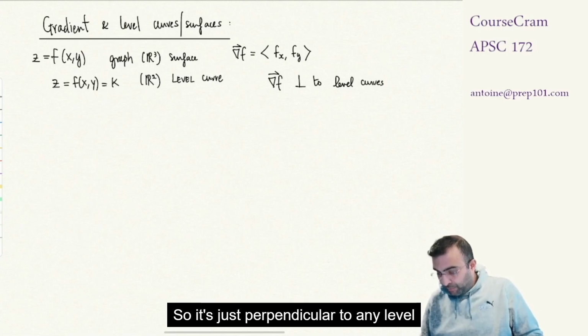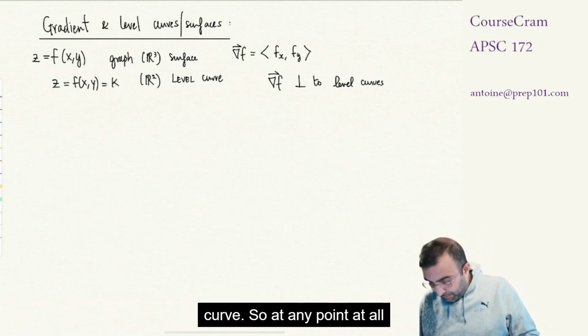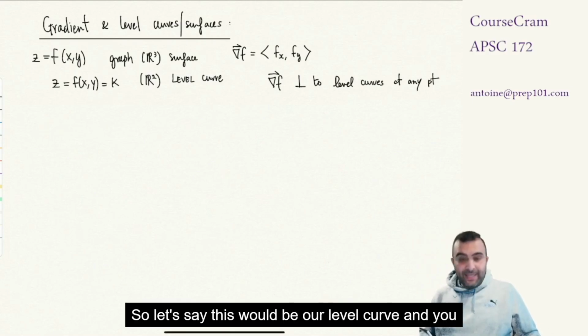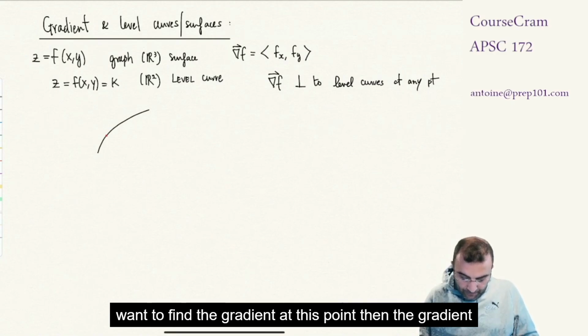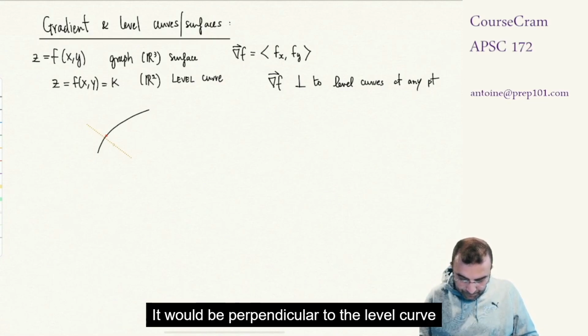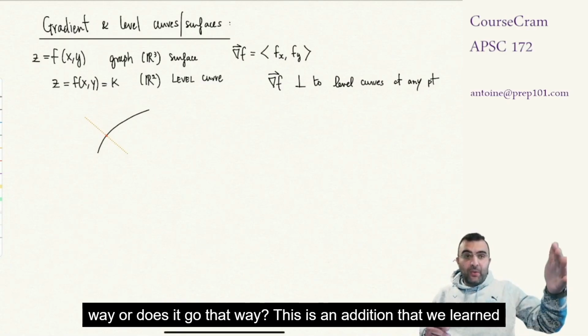It's just perpendicular to any level curve, at all points. So let's say this would be our level curve, and you want to find the gradient at this point. Then the gradient would have this direction, perpendicular to the level curve. Now, does it go that way or does it go that way?